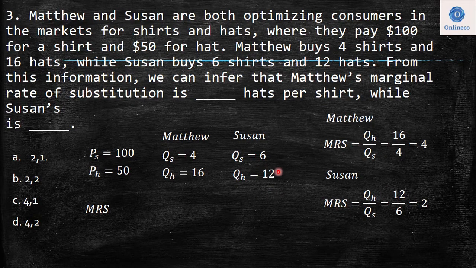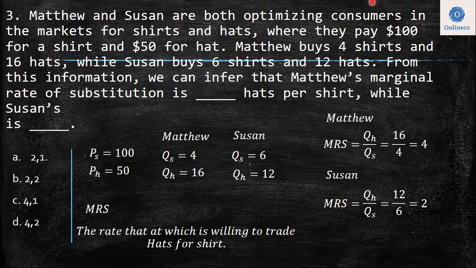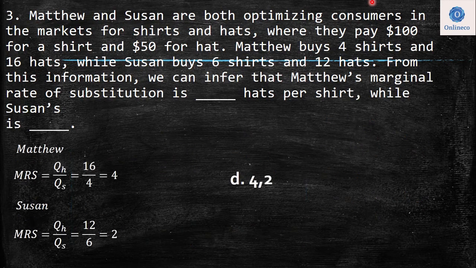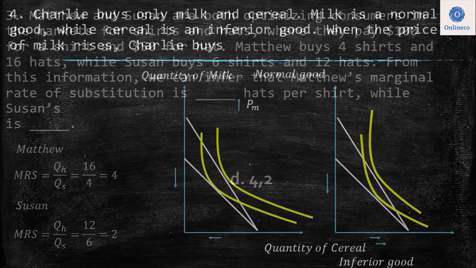Here we have fewer hats and more shirts, so naturally the relationship between them should be smaller. So it is 12 over 6. Susan is able to exchange 2 hats for one shirt. So at the end of the day, we have 4 and 2. Then this should be the answer.